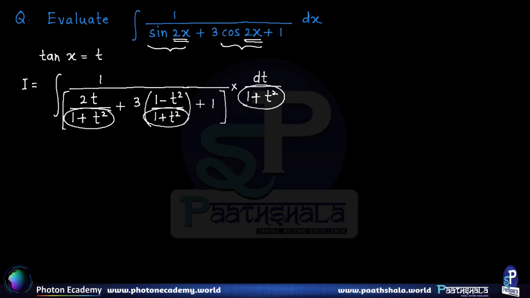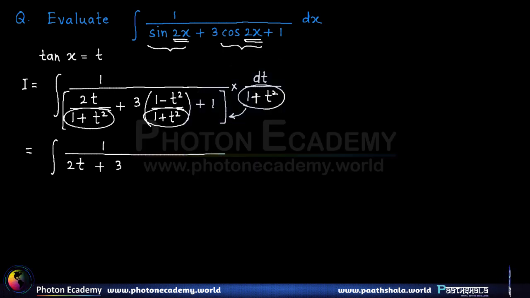If you multiply the entire bracket with 1 plus t square, in the denominator what remains is 2t plus 3 into 1 minus t square, which is 3 minus 3t square, plus 1 gets multiplied with 1 plus t square, so that is 1 plus t square, dt.